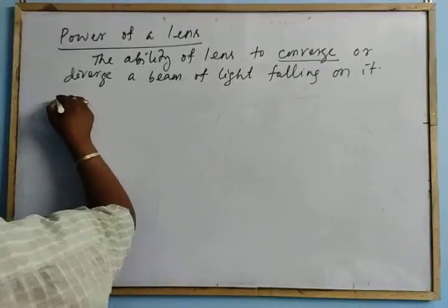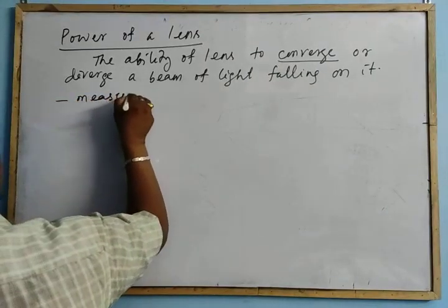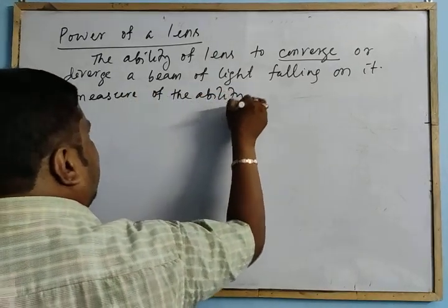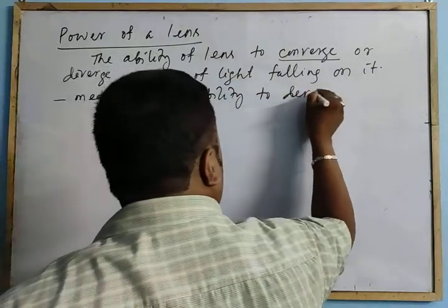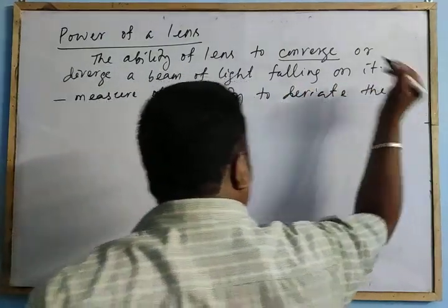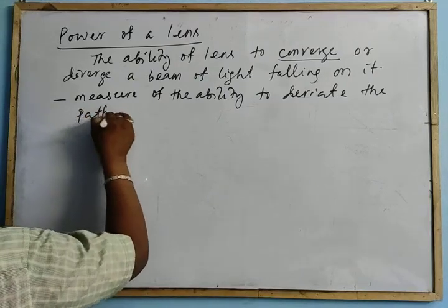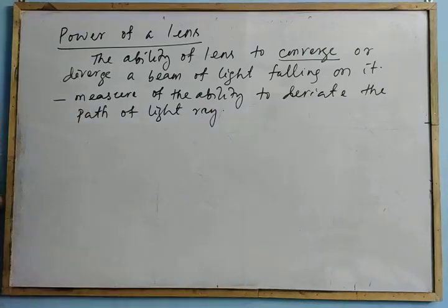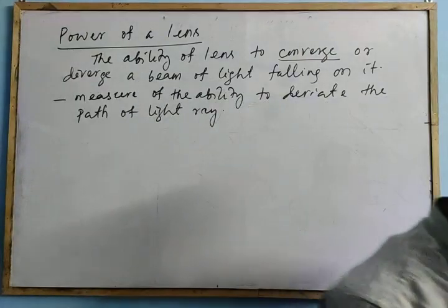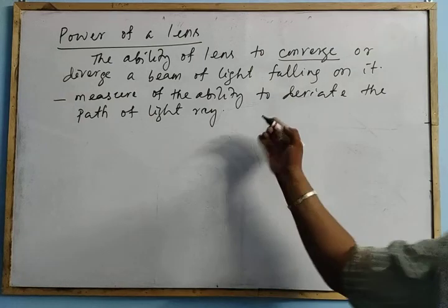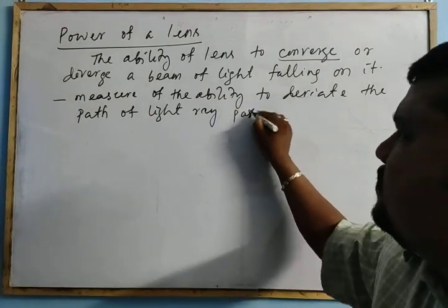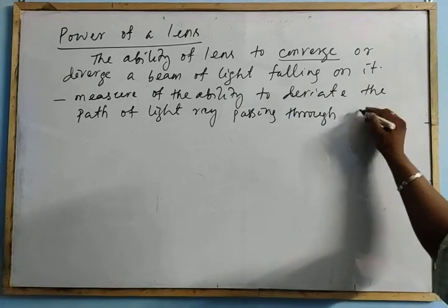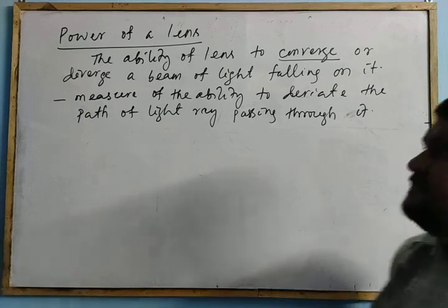It is the measure of the ability to deviate the path of a light ray passing through the lens.